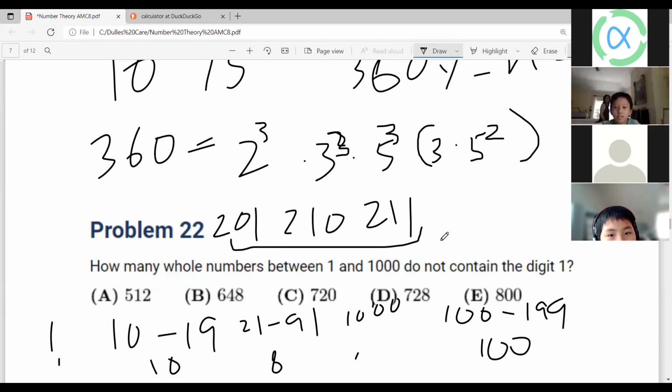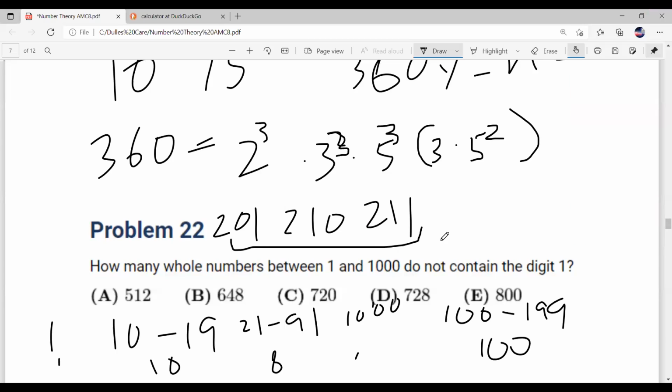So essentially we have 18 times 8. 18 times 8 is 144, plus 100, that'd be 244, plus 18, plus 1.